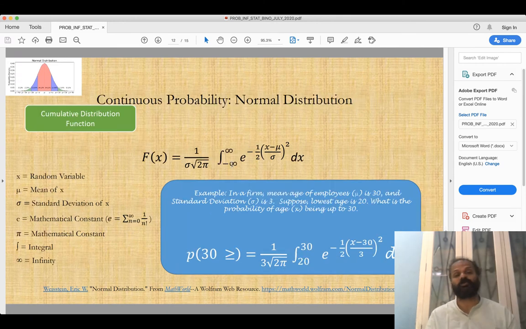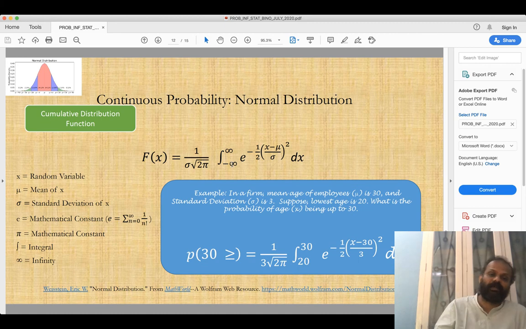Now we come to continuous probability. Continuous probability is summing across individual probabilities. So densities are being summed over a range that gives continuous probability. So there's a summation sign given. Let's look at the formula. It's 1 upon sigma root of 2 pi.